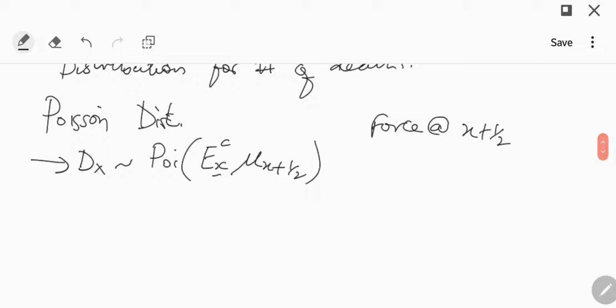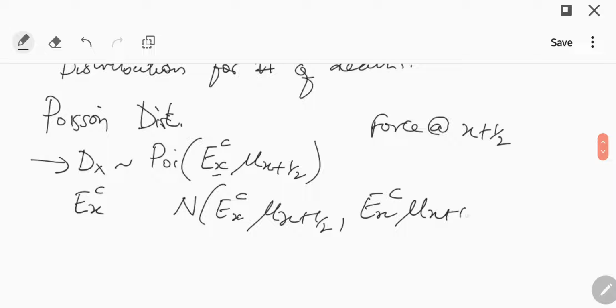So if the exposed to risk is very large, then I can very well assume a normal distribution, as the Poisson distribution approximates to a normal distribution with the mean, which is central exposed to risk multiplied by mu x plus 1/2, and the variance is also the same.